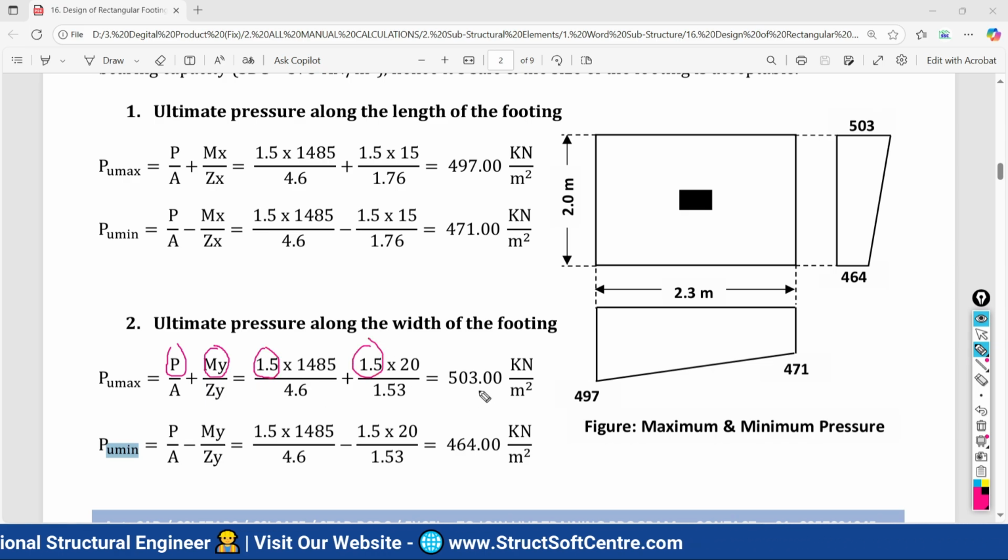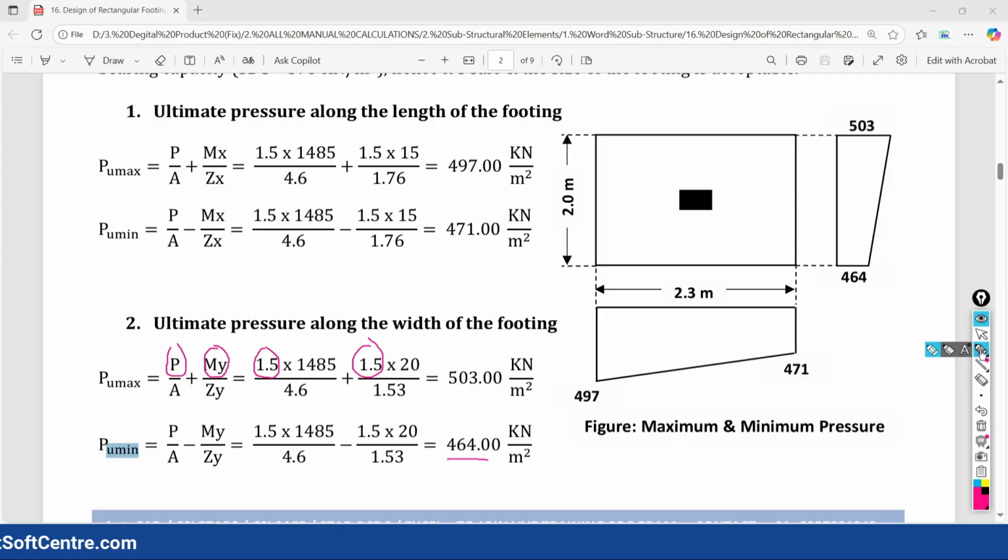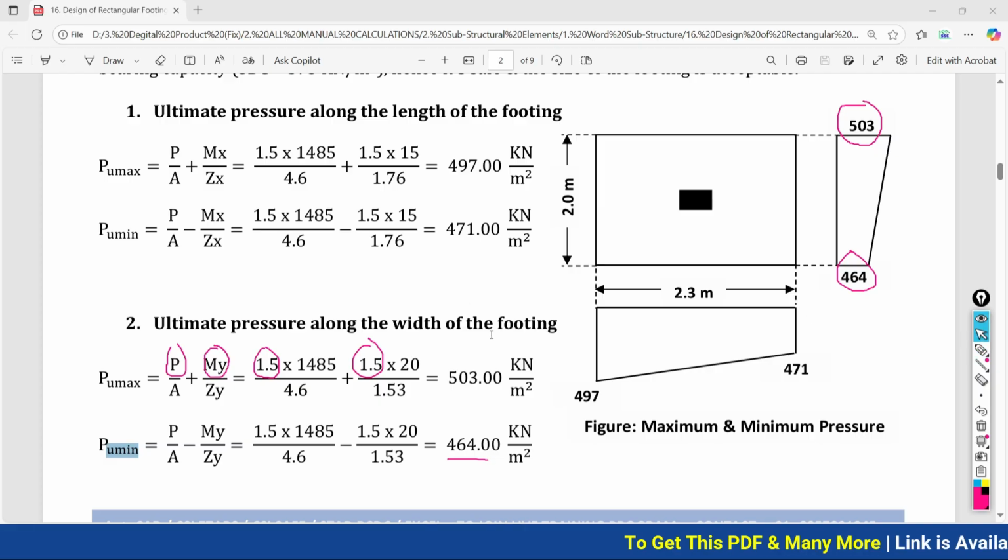So we are getting 503 kilonewton per meter square, and minimum value we are getting 464 kilonewton per meter square. Both the values we are going to write here: 503 and 464 are your maximum and minimum pressure along the width of the footing. Hope that's clear to all of you.